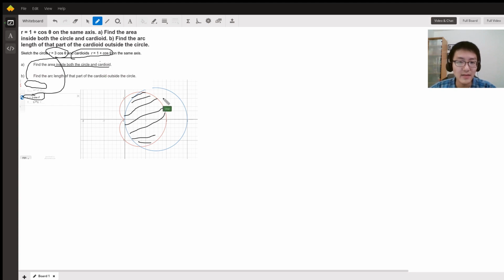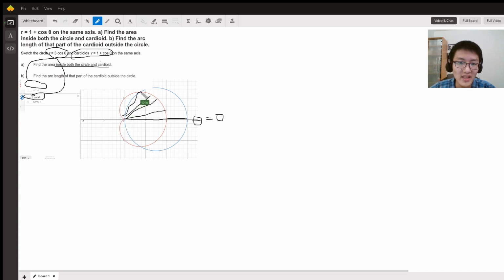Now that being said, in order to figure out the equation for the area of this, we need to take some precautions. First, this is where theta is equal to 0, right? But notice how initially right here, the cardioid is the one that's extending as radius.